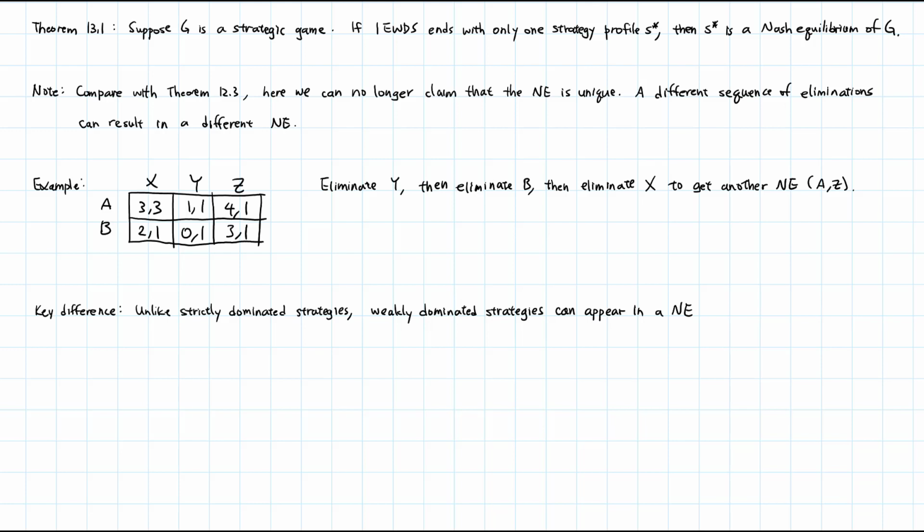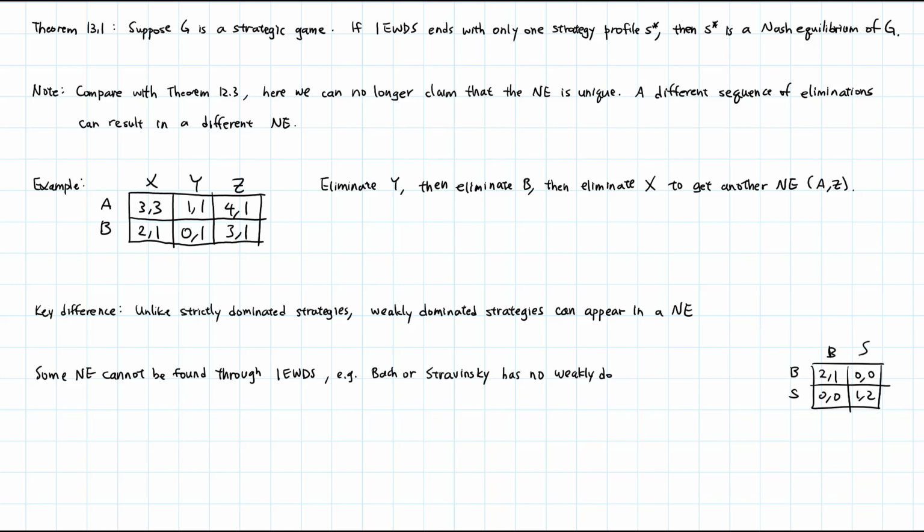So when we eliminate some weakly dominated strategies, we might eliminate some of the possibilities for a Nash equilibrium. In fact, some Nash equilibria cannot be found through IEWDS. For example, Bach or Stravinsky has no weakly dominated strategies. So this procedure might not always work, but when it does, it will give us a Nash equilibrium.